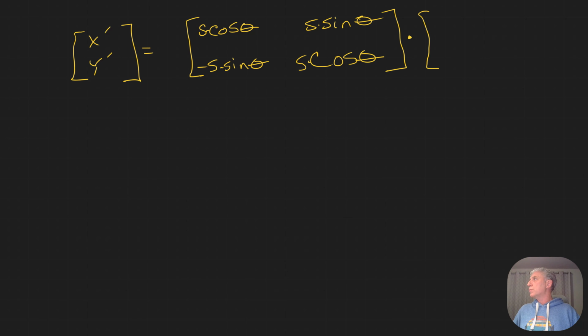So again, we're just motivating the idea. So xy coordinates of the old system. We're motivating the idea of a transformation, and then the translation.